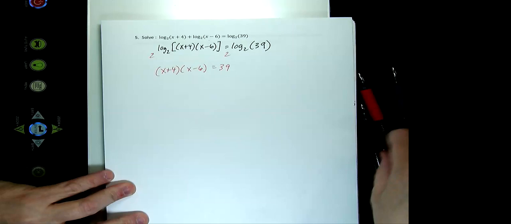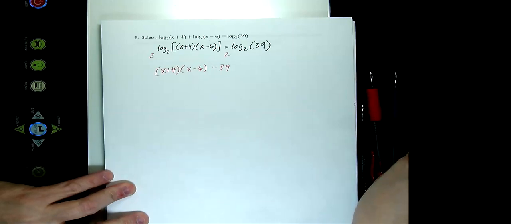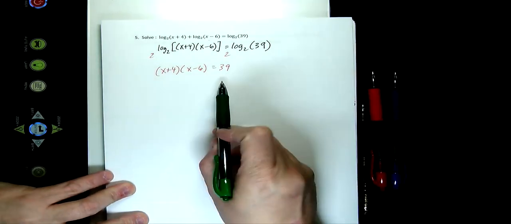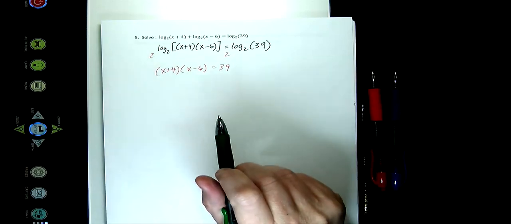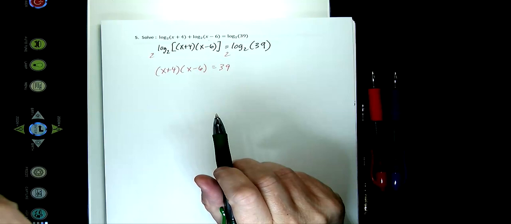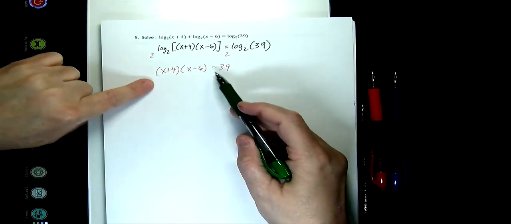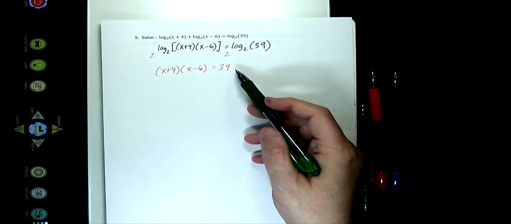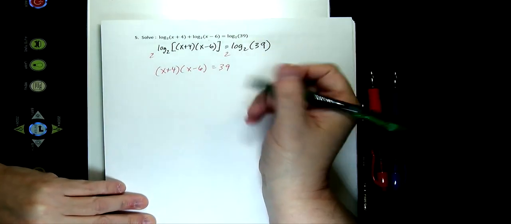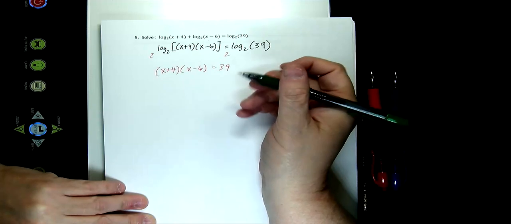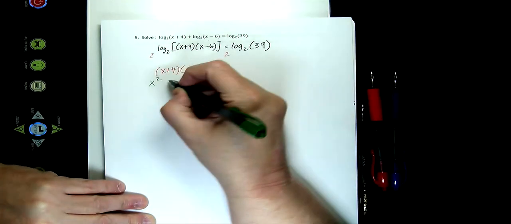What do I do with that? Can I say x plus 4 equals 39 and x minus 6 equals 39? Why not? It's not 0. That rule only works if there's 0 on the other side. Excellent. So that unfortunately means what? We got to distribute, multiply this out.